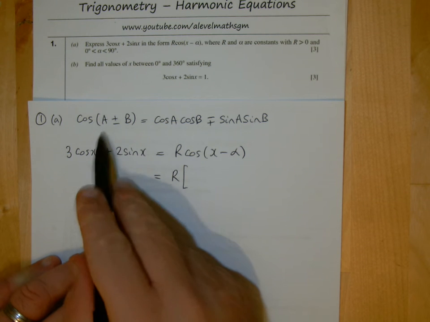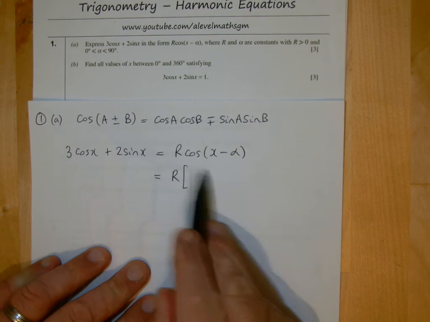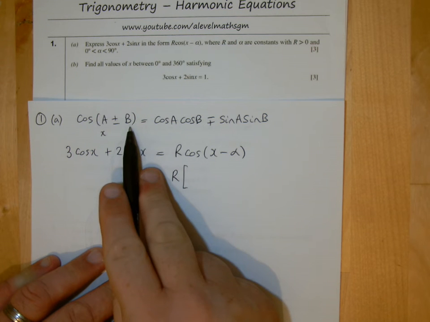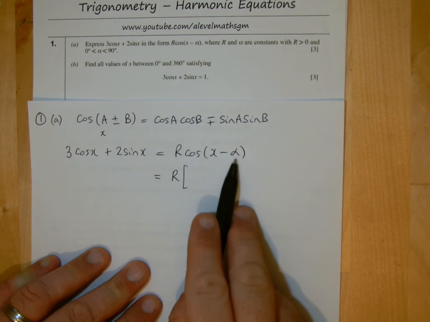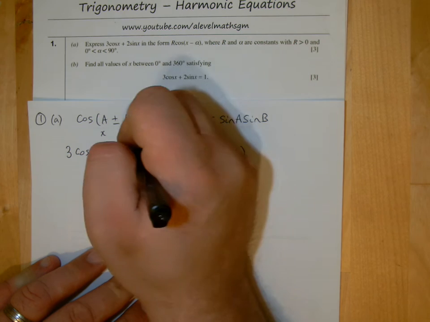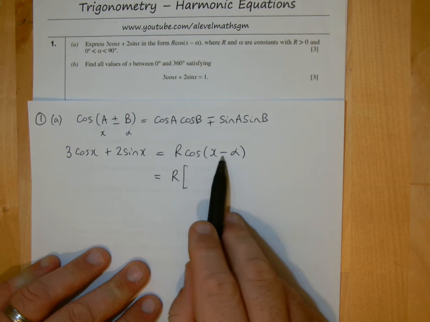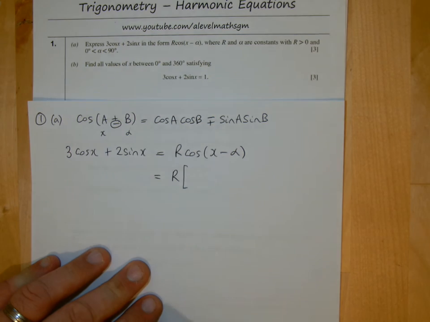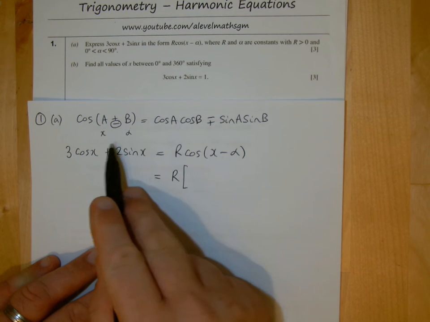Quite simply, you replace the a with the first term, which is x, and you replace the b with the second, which is alpha. Because it's minus in here, we need to choose the bottom option in the compound angle rule.